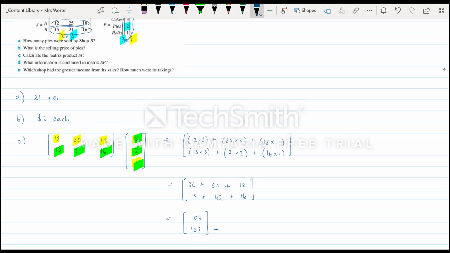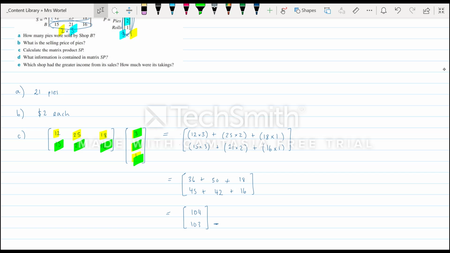So that should have given me the total amount of money made by shop B. So that's what information is given by this matrix. The first row will be total dollars made by shop A, and the same for shop B.